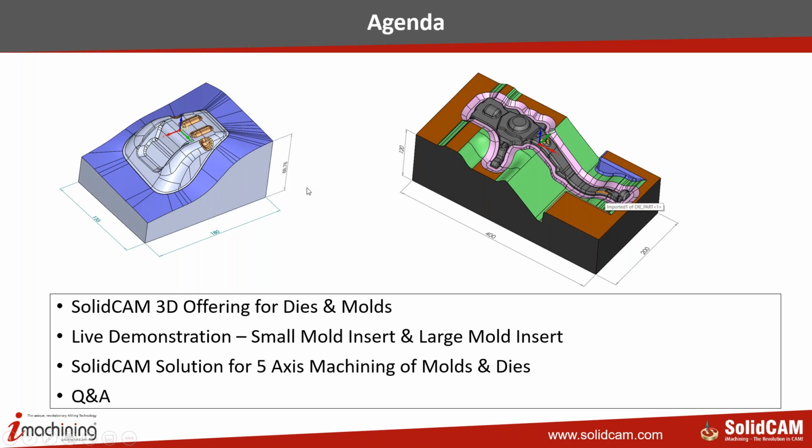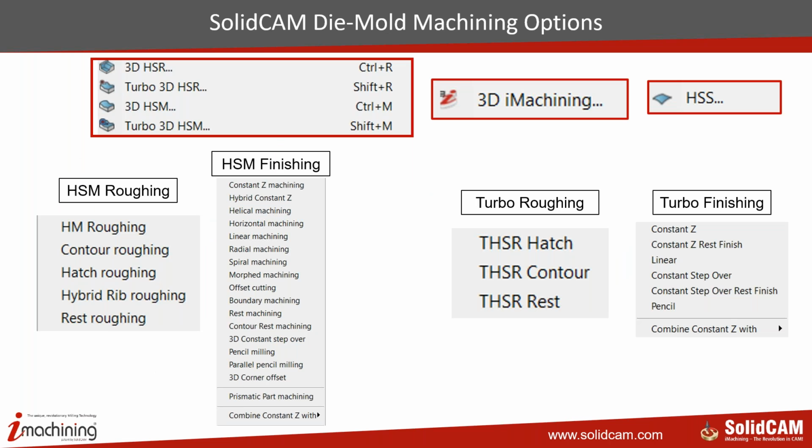Okay, so let's look at what SolidCAM offers today for 3-axis machining. We have 3 main categories: the high-speed machining category, the iMachining, and high-speed surfacing. So under the high-speed machining category, we have got the generic roughing and generic finishing techniques inside SolidCAM.